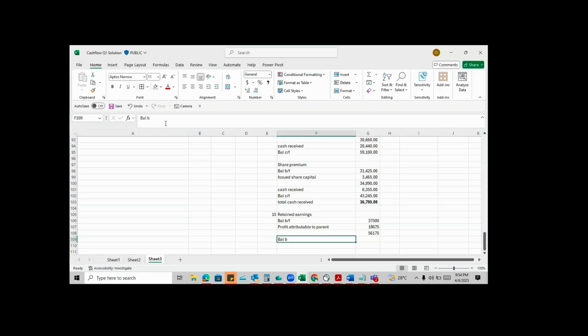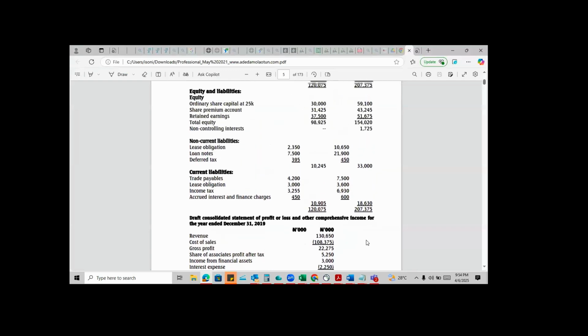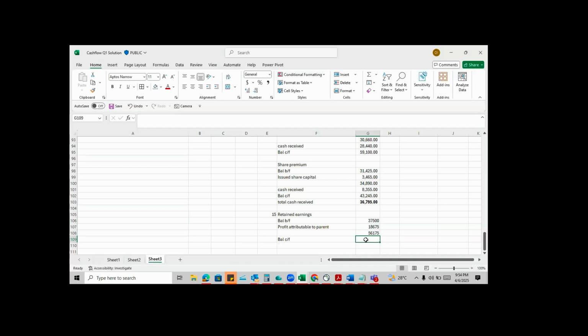The balance that was carried forward rather was how much? How much was it on retained earnings? 51,675. They look alike. I almost thought it was the same thing.